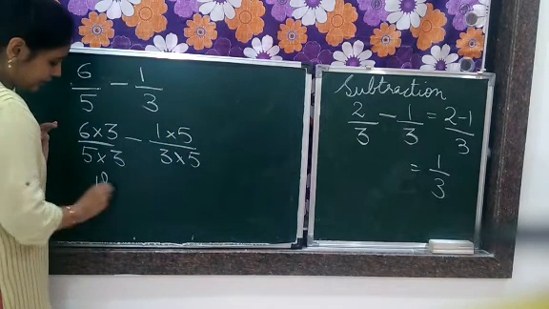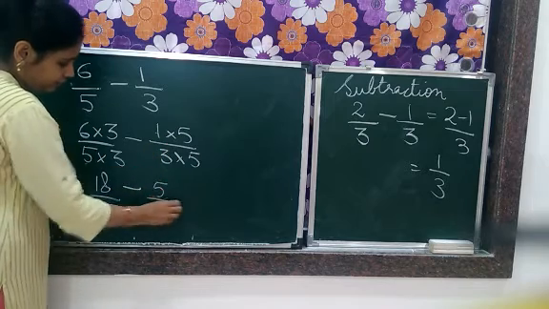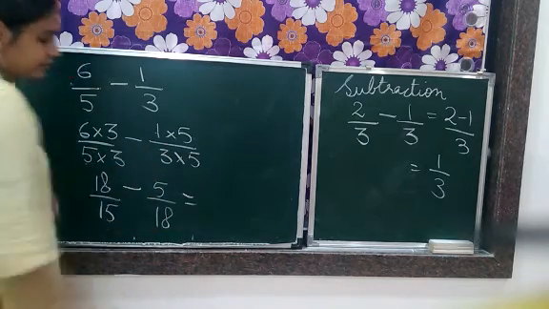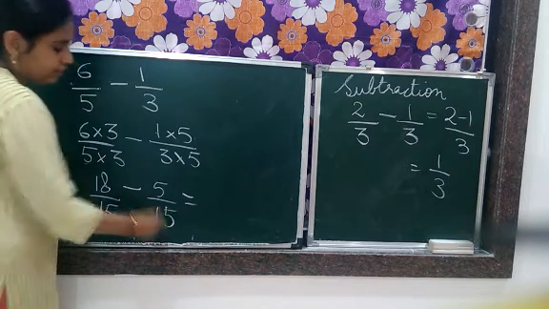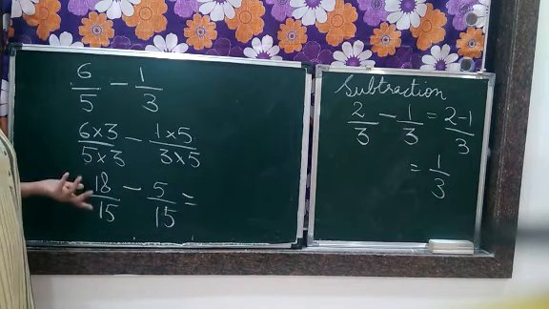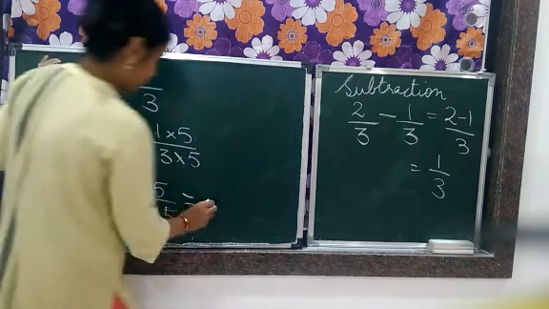6 3s are 18, 5 3s are 15, 5 1s are 5 by 15. Since we have made the denominators common or same, we can take the denominators common and subtract the numerators.